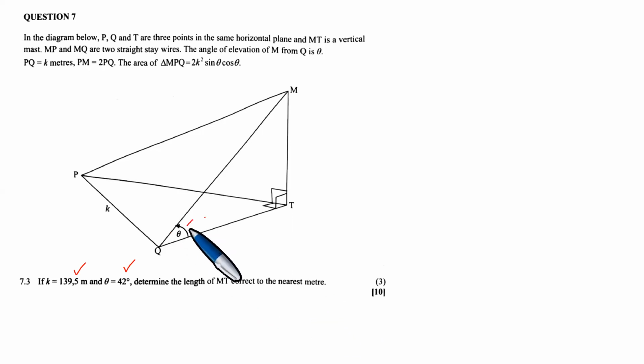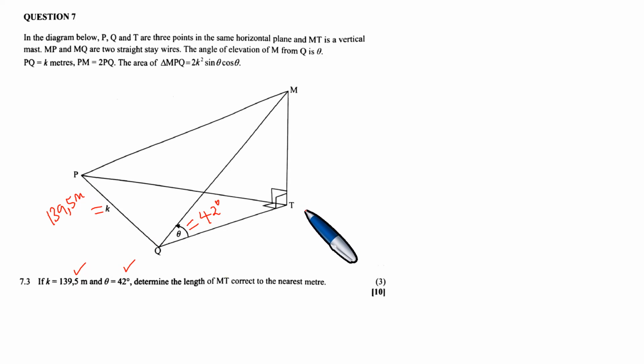They've told us that theta is 42 degrees, and that the length of side k is 139.5 meters. So what do we do now to determine the length of MT? Here is MT within the required result.